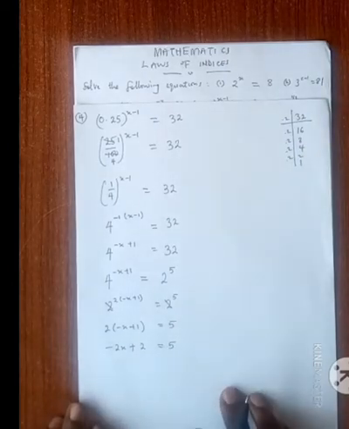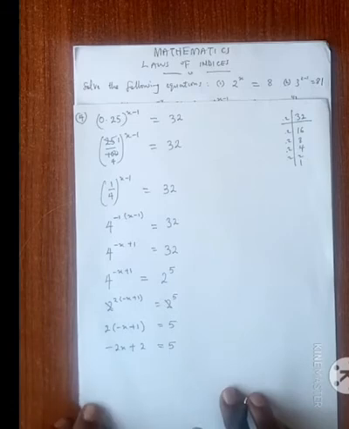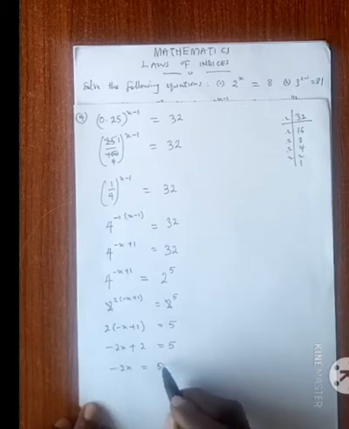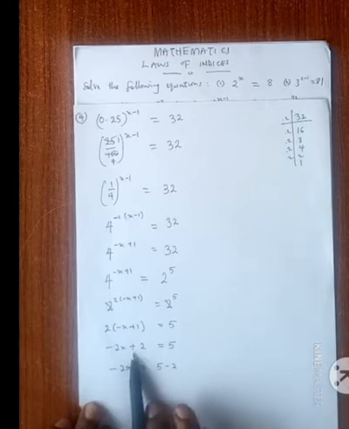Now we can see that everything has been broken down into what? A simple linear equation, which has to be solved following the procedure for solving a simple linear equation. So solving this becomes minus 2x is equal to 5 minus 2, because we know very well that whenever a positive sign transits its position to the other side, the positive sign changes to what? A negative sign.